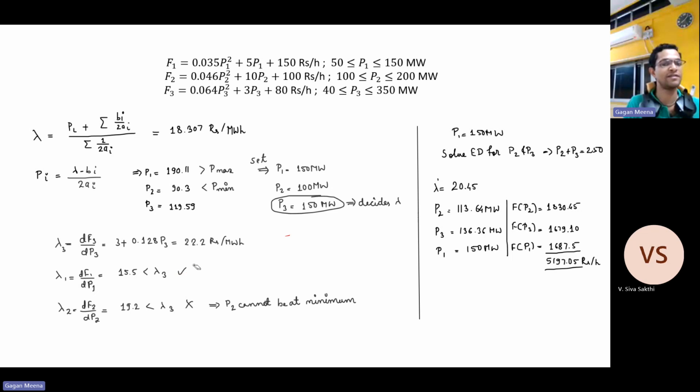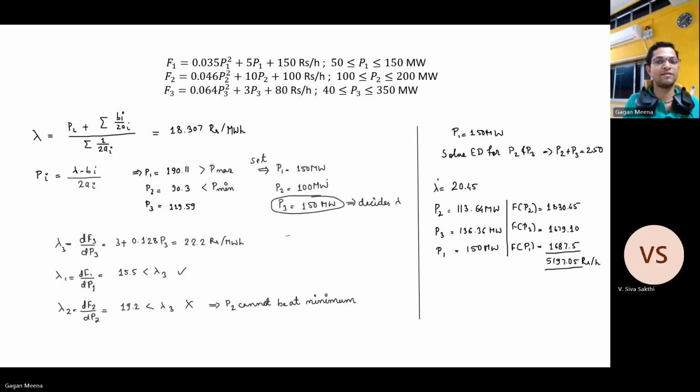This is satisfied. Now for the second generator, incremental cost is less than lambda. It should have been more than lambda because it is a costlier generator. That's why it is on its minimum limit. It should be more than lambda. It is violating the condition.